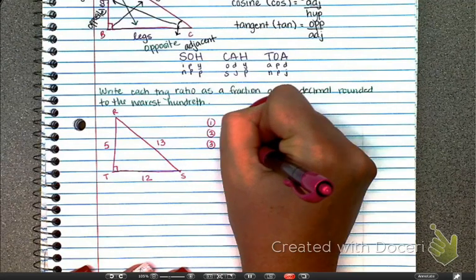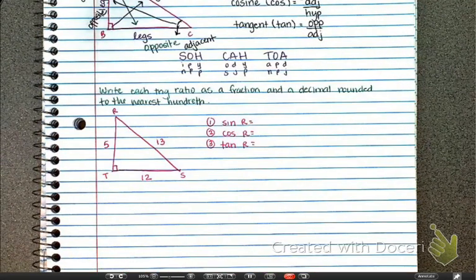I'm going to do it with you. I just want you to copy. Write each trig ratio. Once you see numbers, it starts to make a little more sense too.